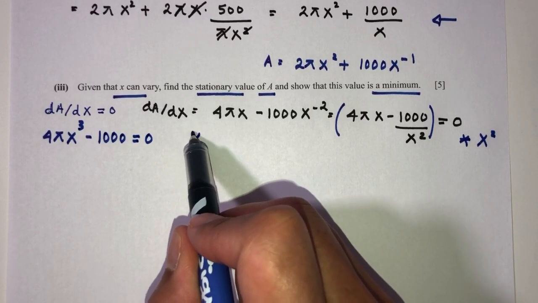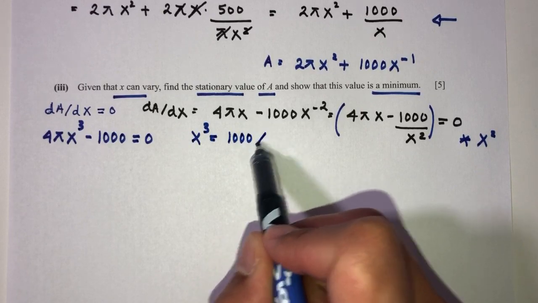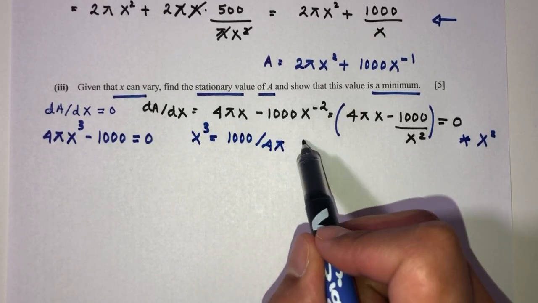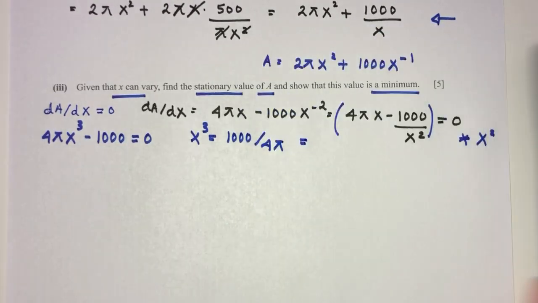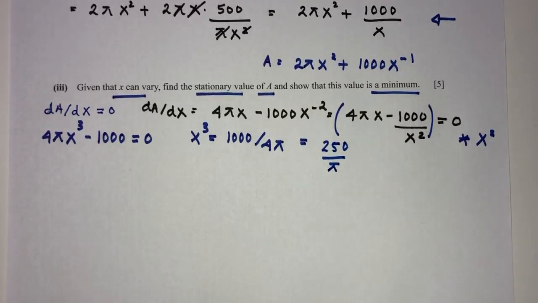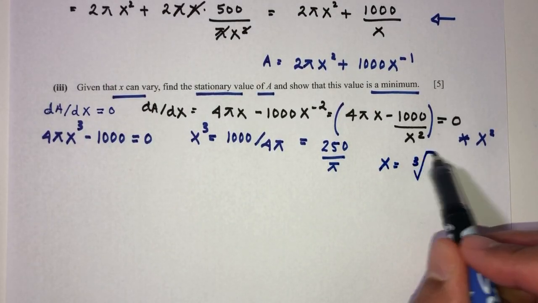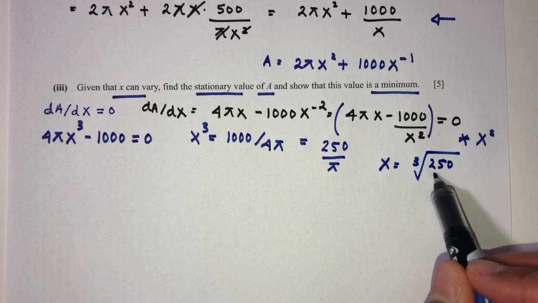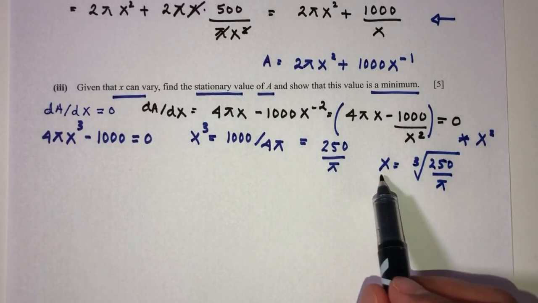That will become x cubed equal to 1000 over 4 pi, so 1000 divided by 4, that will be 250 over pi. From this you will have the value of x equal to the cube root of 250 over pi. That's the value that we have right now for x.